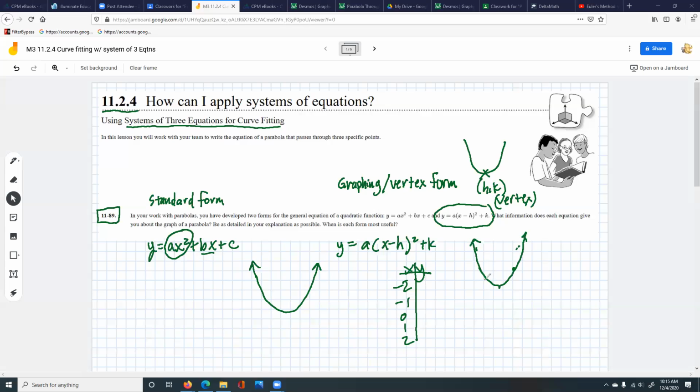But what is the minimum amount? That's not the minimum amount of points. That's a good amount of points when you're graphing, but the minimal amount of points. 2, 3, or 4? What do you think? Can it be 2? If I pick 2 points, is there only one parabola that can go through those 2 points?